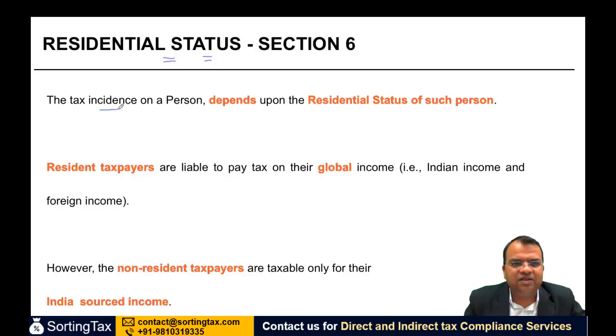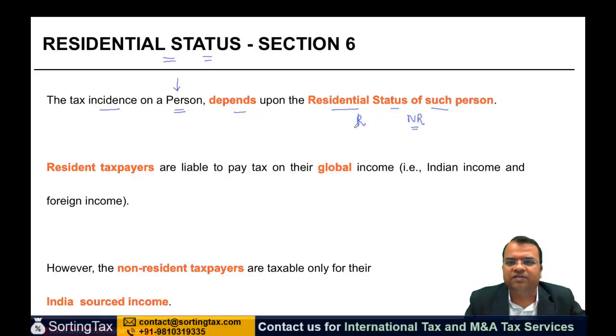So the tax incidence on a person means all the 7 categories, depends on the residential status of such person, whether you are a resident or you are a non-resident. Resident taxpayers are liable to pay tax on their global income. If you are a resident, you pay tax on your Indian income as well as foreign income, right?